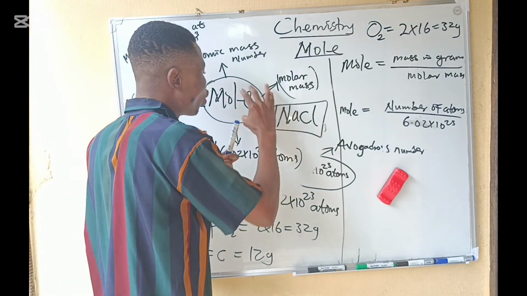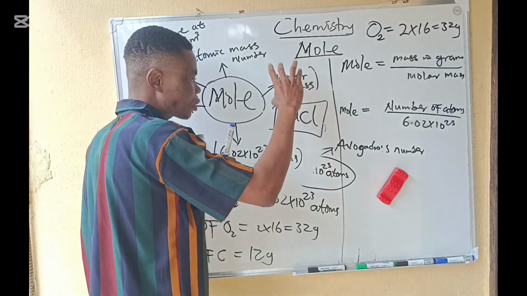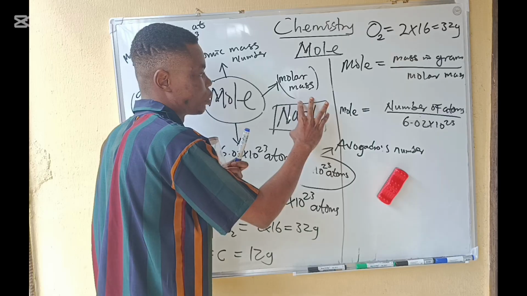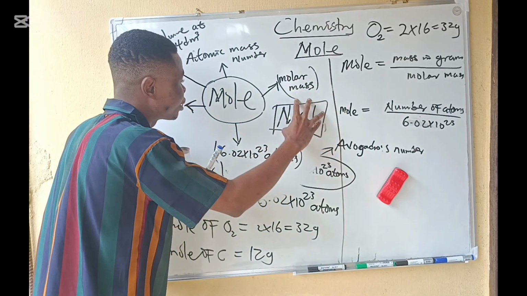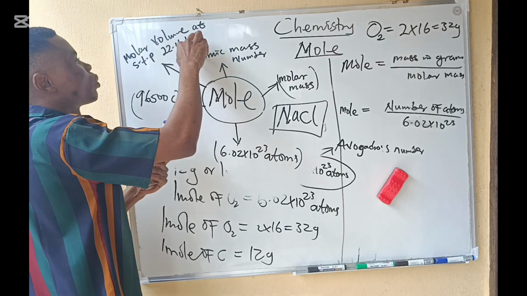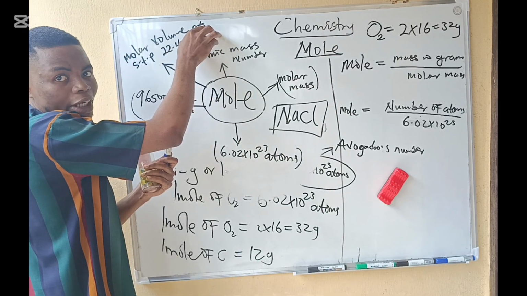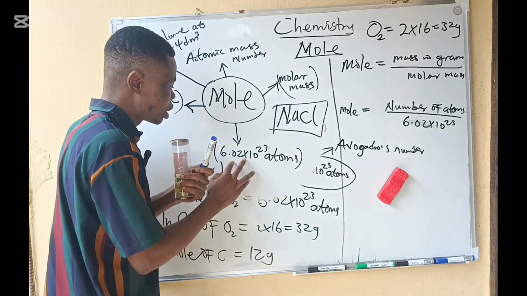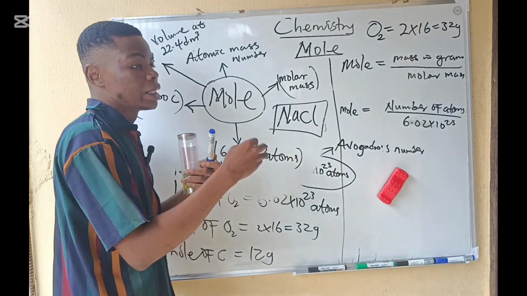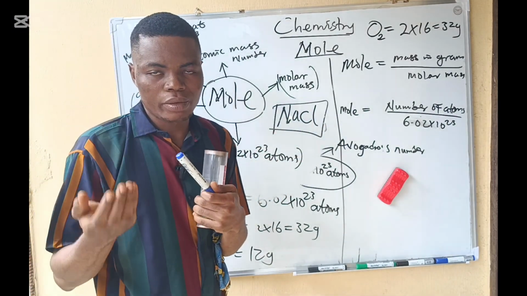Also, 1 mole of this same sodium chloride will give you 22.4 dm cube. Are you getting me now? The same thing, 1 mole of this same compound will also give you 6.02 times 10 to the power of 23 atoms. They are very, very simple.